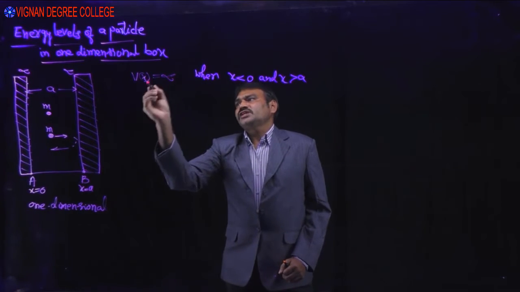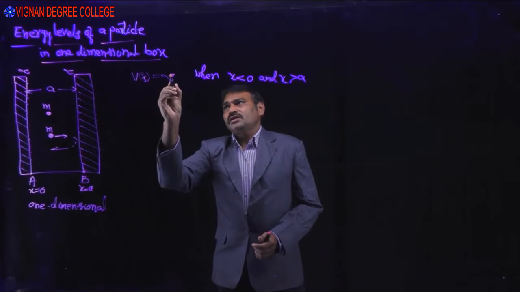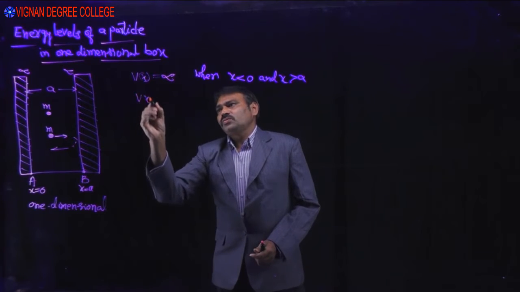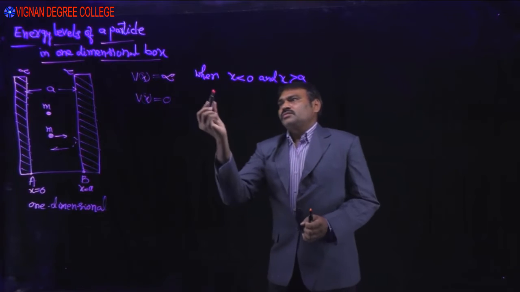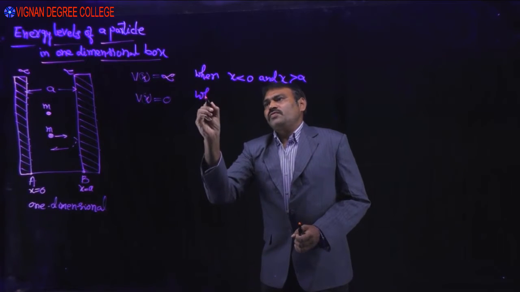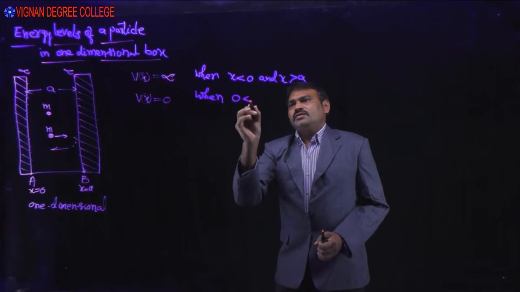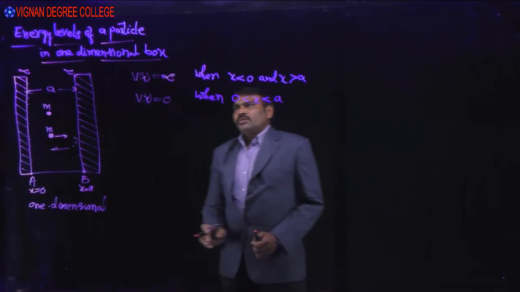Then the potential energy is infinity. V of x is equal to 0 when the particle is in between 0 and a.